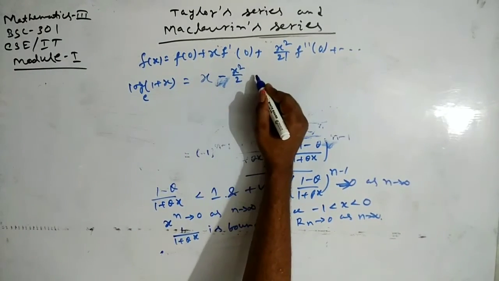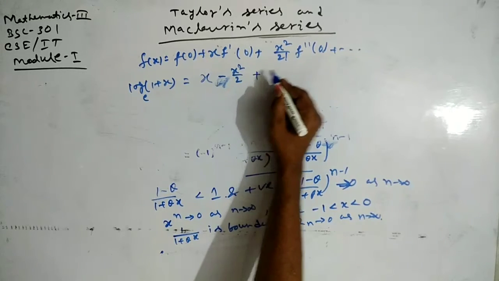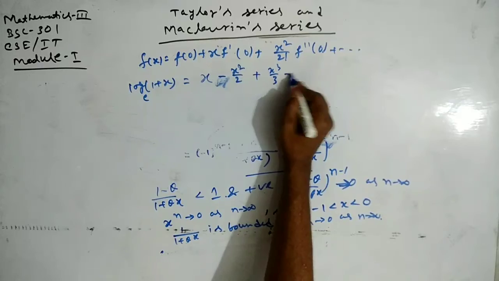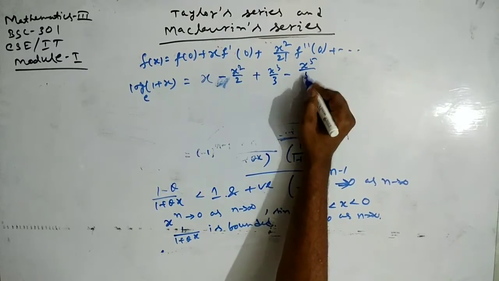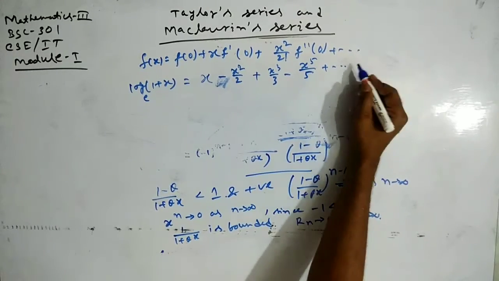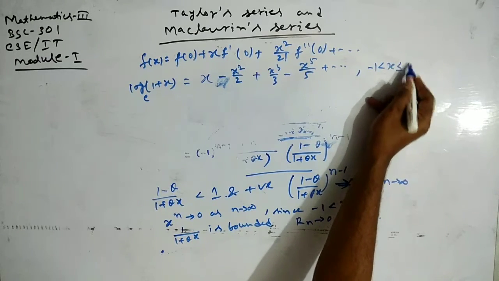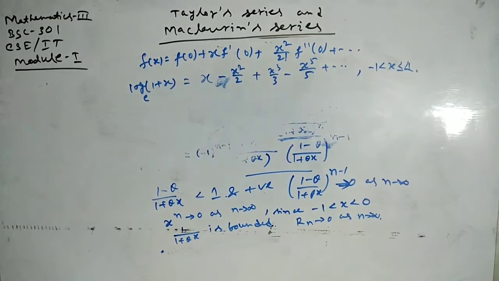Just put the values from the previous findings, then you will get this series: x cubed by 3 minus x to the power 5 by 5 plus up to infinite, where minus 1 less than x less than or equal to 1. Okay, so this is the infinite expansion of the function log of 1 plus x to the base e.